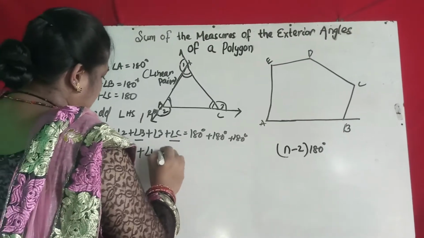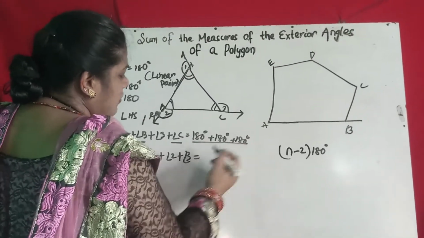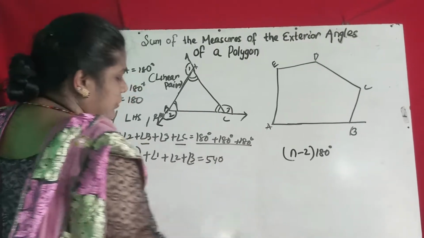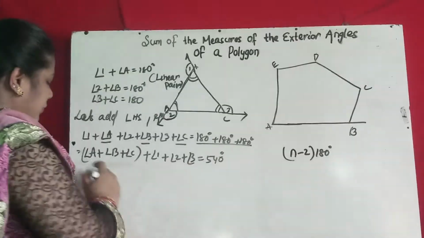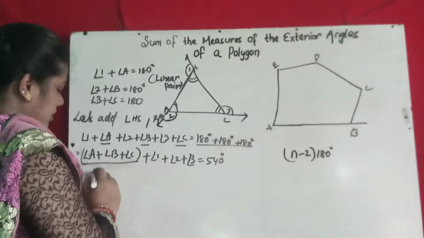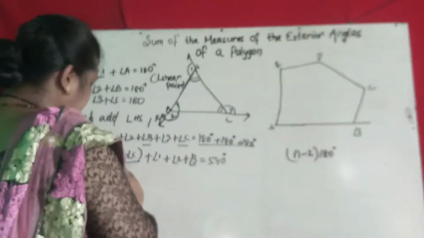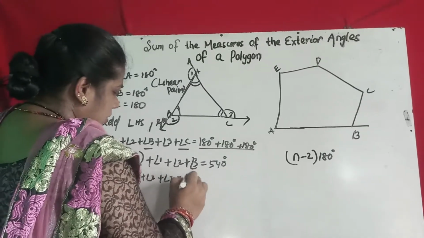Then angle 1 plus angle 2 plus angle 3 plus that bracket equals how much? 540 degrees. Okay, 180, 180, 180, it is a total of 540 degrees.